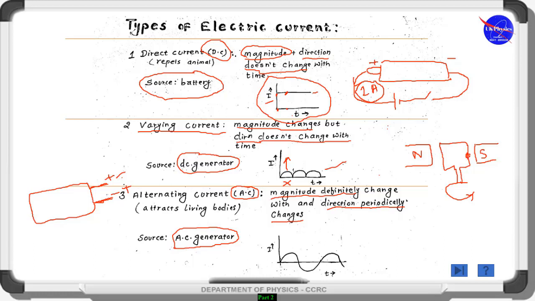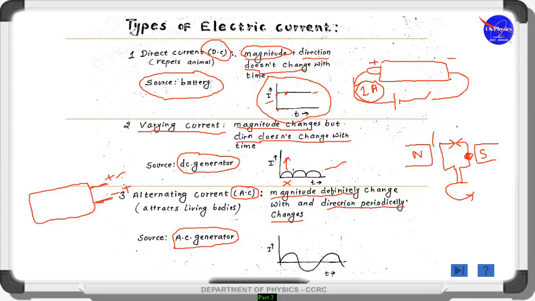First, suppose this part of the coil is nearer to the S pole. In this case, suppose current is flowing in this direction, and during the rotation this part of the coil comes nearer to the N pole, and when this part comes near to the N pole of the magnet, then the flow of electric current obviously reverses.